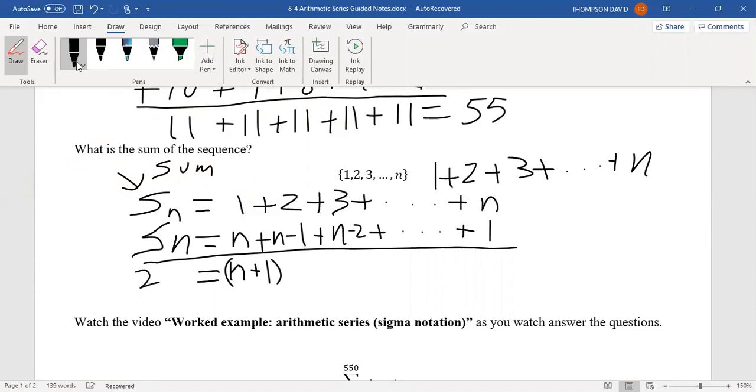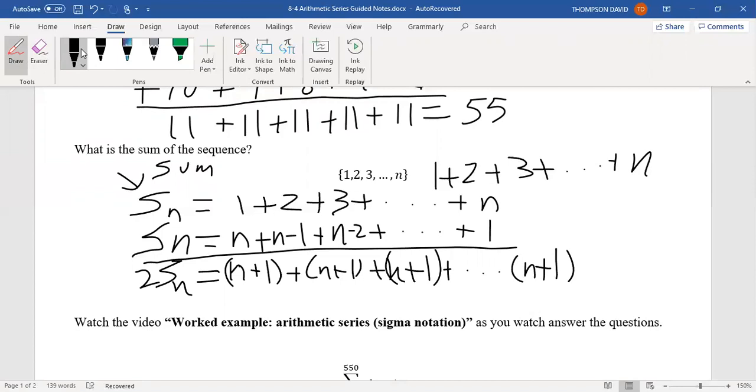And we have two Sn's, 2 Sn's. And then 2 plus n minus 1 will be just, again, n plus 1, because 2 minus 1 is 1. 3 plus n minus 2, again, will be n plus 1, plus n plus 1. So there's n of these guys.